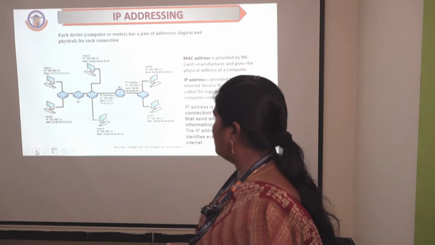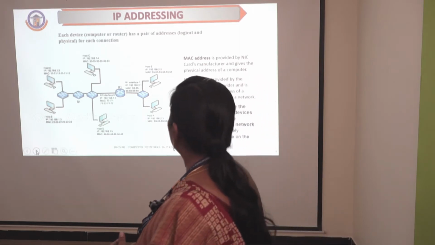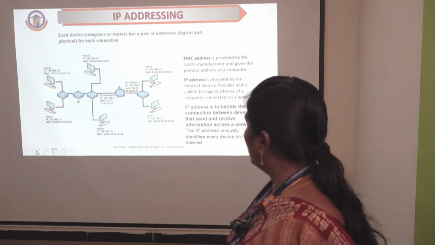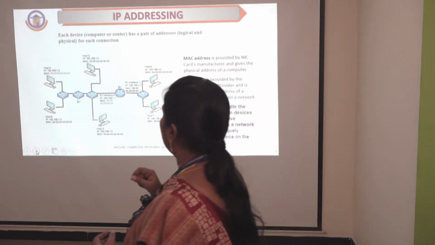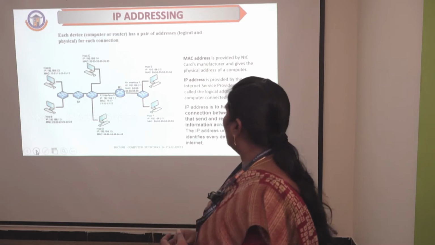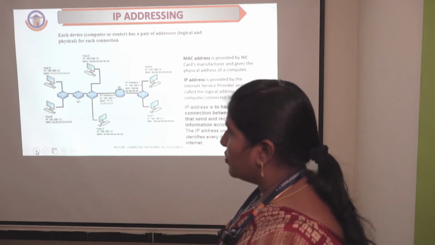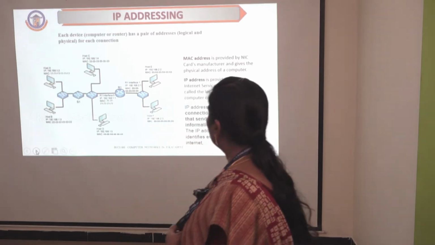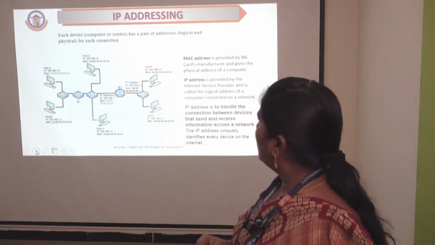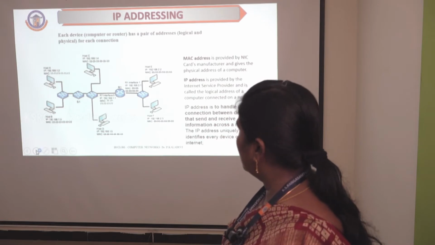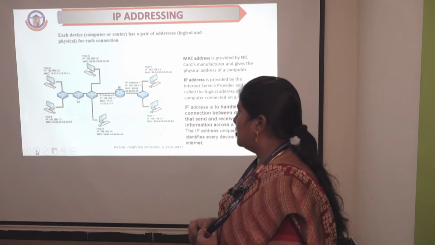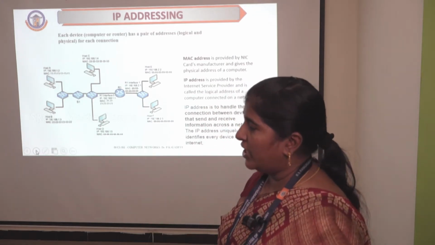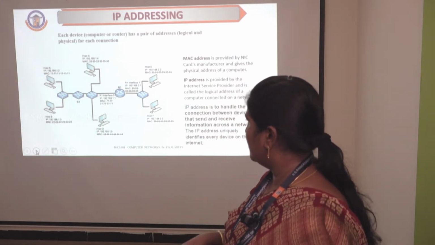The MAC address is provided by the network interface card manufacturer. It gives the physical address of the computer to identify the device in the local network. But the IP address, which is called a logical address, is assigned by the internet service provider to a computer connected in the network. So by using IP addresses, computers communicate from one device to another.